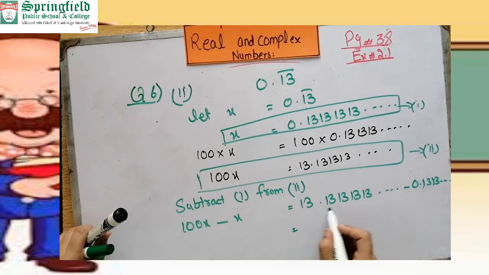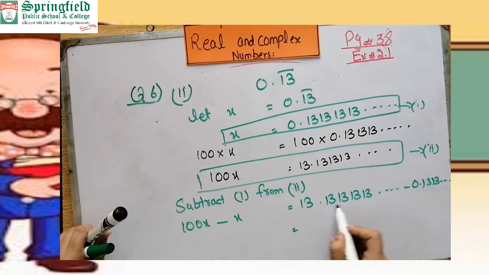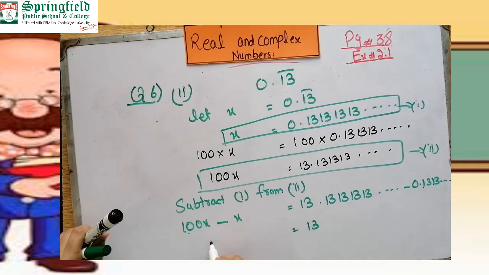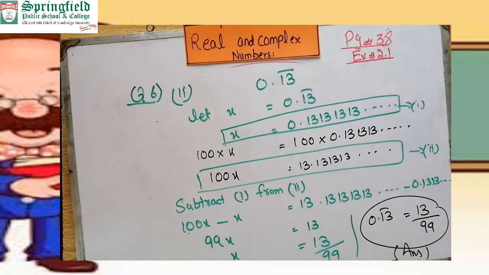When we subtract 0.1313 from this number, the part after the decimal point is removed, so we obtain just 13. 100x minus x is 99x, so leave the x here. x equals 13 divided by 99, and we know that x is 0.13 bar. So it is 13 by 99, and this is your answer. Understood, beta? Okay, the last part is your task now. Complete this part in your notebook. Understood, beta?